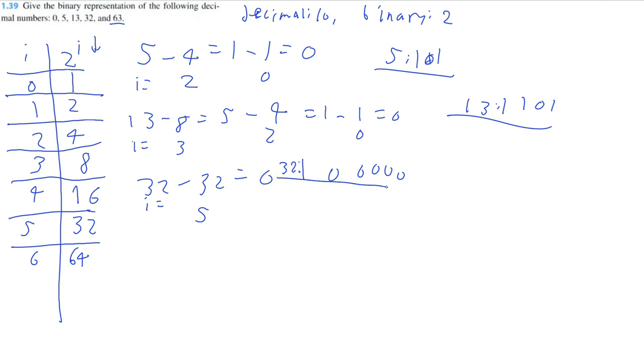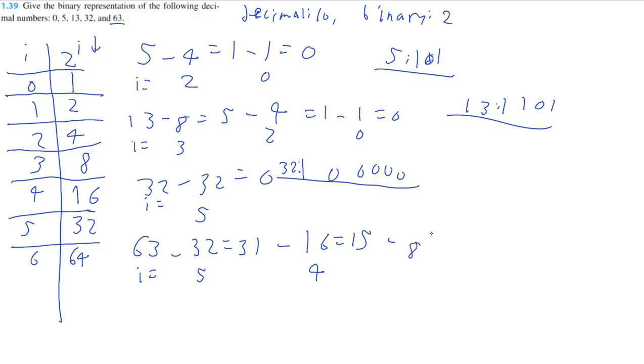Okay, now we'll do 63. So the largest possible number we can subtract is 32. That gets us 31, for I at 5. Next biggest number will be 16. That equals 15. And I is 4.